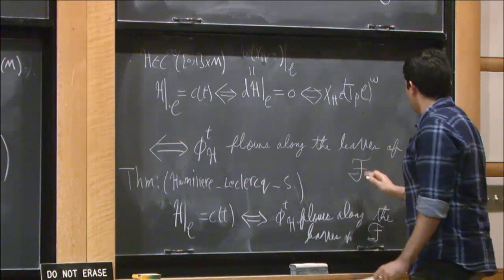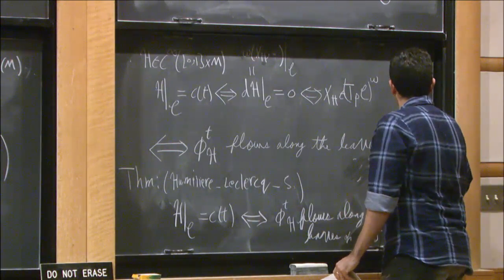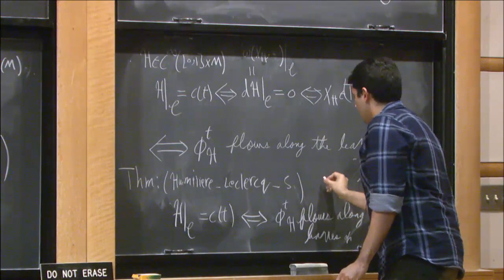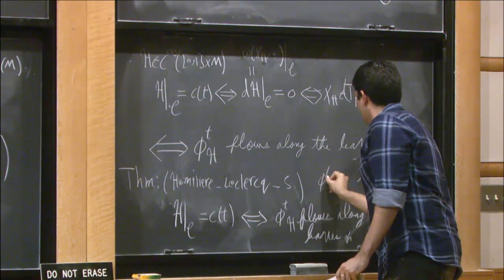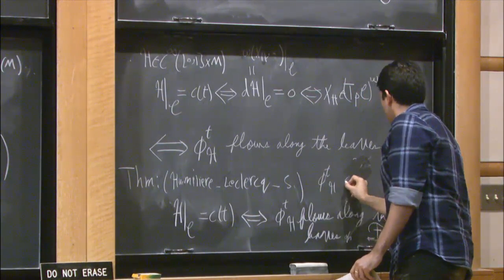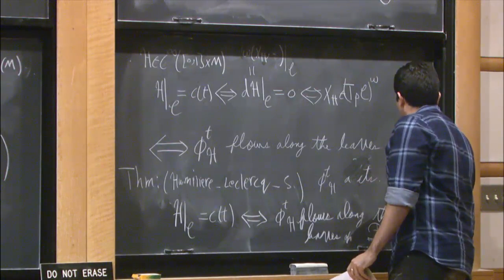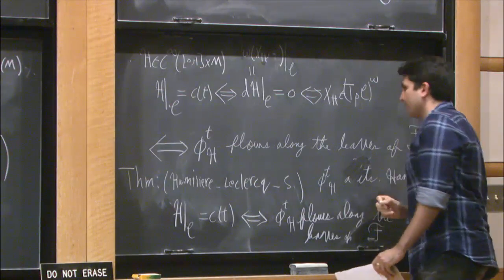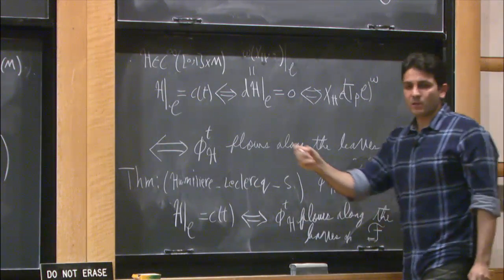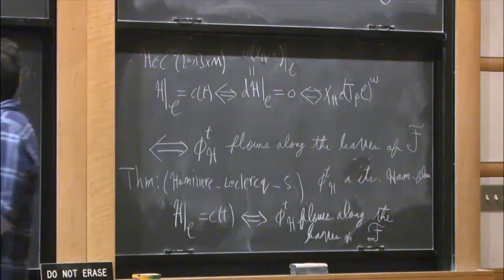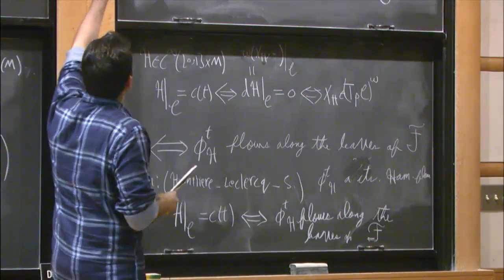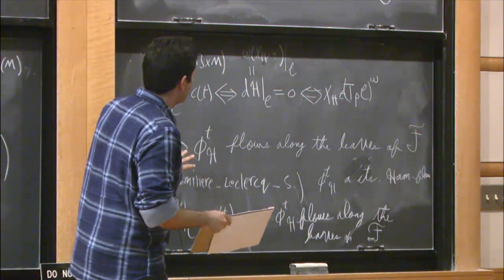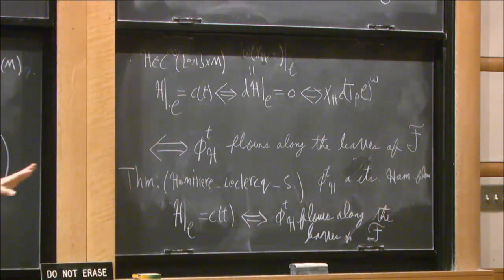But this time I'm assuming phi_H^t is a continuous Hamiltonian flow. To me, these two results, especially this one, tell me that these continuous Hamiltonian flows inherit a lot of properties of their smooth counterparts.